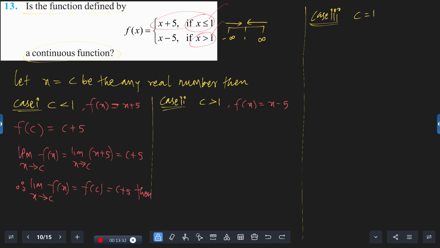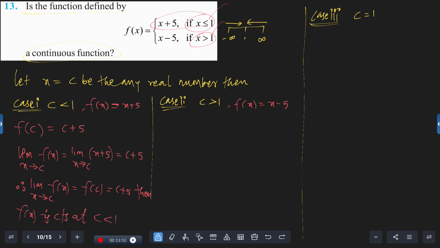Then f of x is continuous at C less than 1. Okay, C less than 1, this will be continuous. Or else left hand side of 1, it will be continuous also, you can say. In the limit you can see left hand side only we have C less than 1.